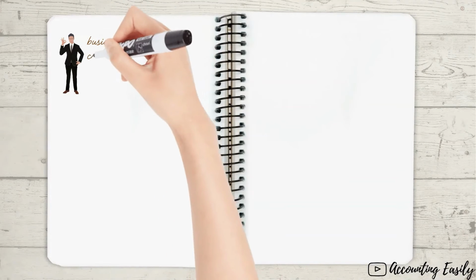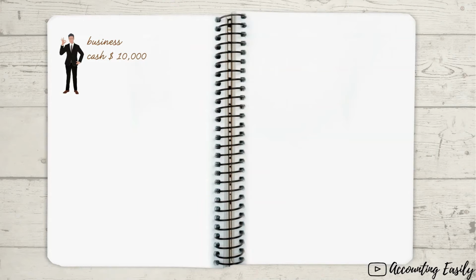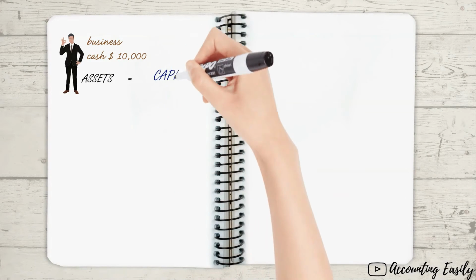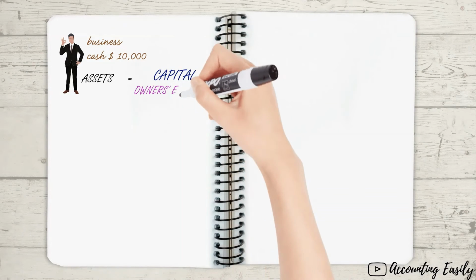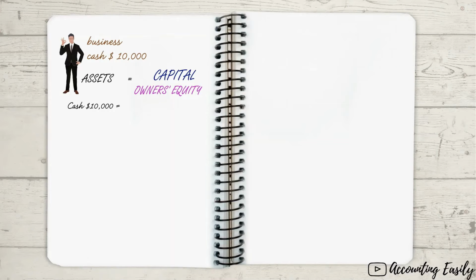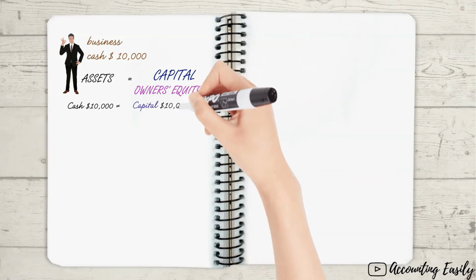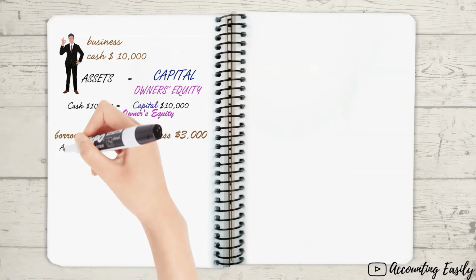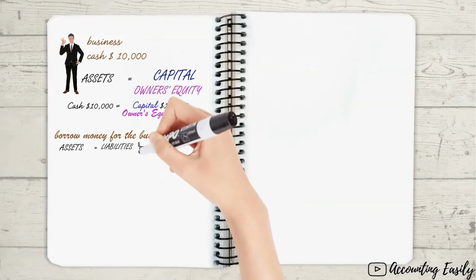For instance, Simon builds a business with his own cash, $10,000. As there's nothing borrowed here, the accounting equation applied to this situation will be assets, cash, equals capital or owner's equity, $10,000. Then he borrows money for the business, $3,000.